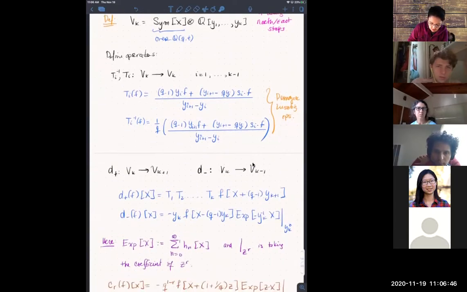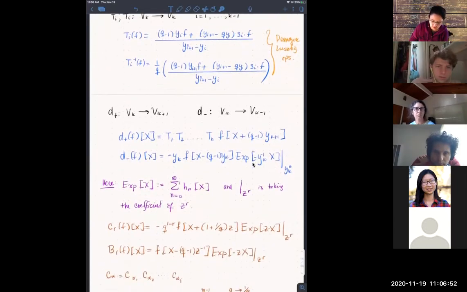We define these operators ti, ti inverse, which are basically de Mesure-Lustig operators. We define these operators d plus and d minus, which are basically compositions of the de Mesure-Lustig operators with a plethism. And d minus was defined similarly by taking a plethism and then composing it with this plethistic exponential, which is just a series of hn.